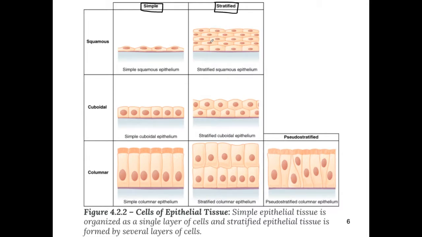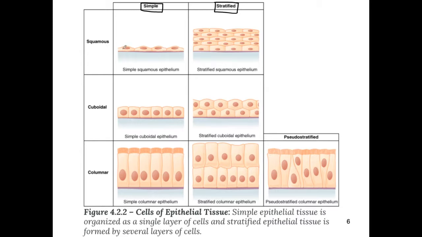So this is like 1, 2, 3, 5 cell layers. This is 2 layers. This is 2 layers. So anything more than one is stratified, if it's one it is simple. Then the second question, and notice how closely packed each of these cells are to one another. Little extracellular matrix. So we know it's epithelium.